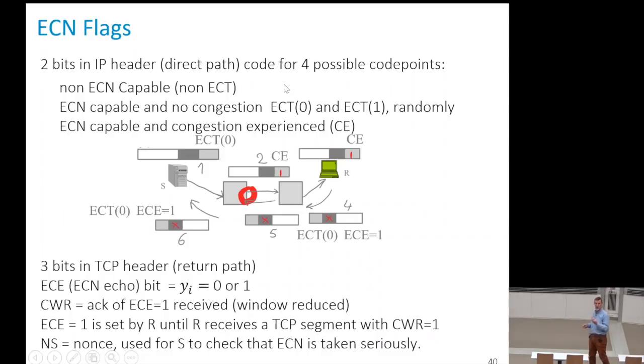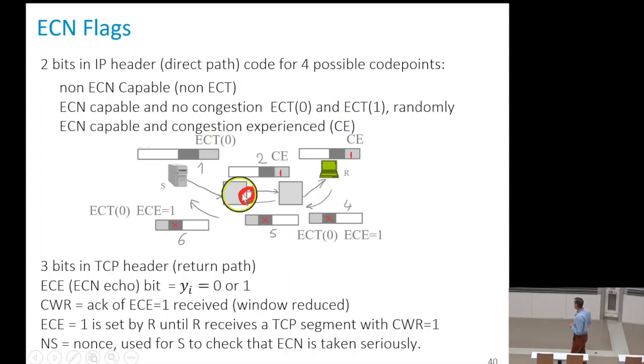There are 2 values of the field that mean the same thing, and they are randomly chosen by the source. When a source issues a packet, if the source knows it supports ECN, it will say, I am ECN capable, and since at the source the packet is not yet experiencing congestion, it will mark either this or this code point by choosing randomly one of the 2.